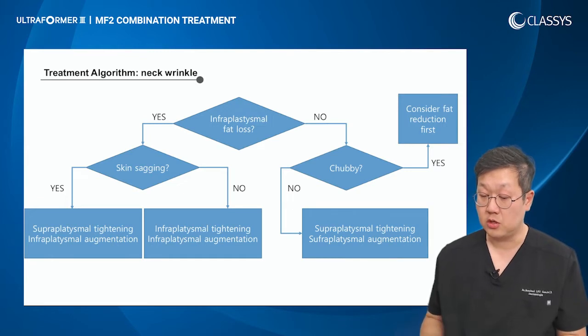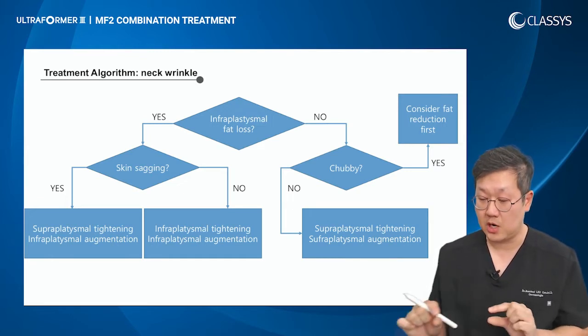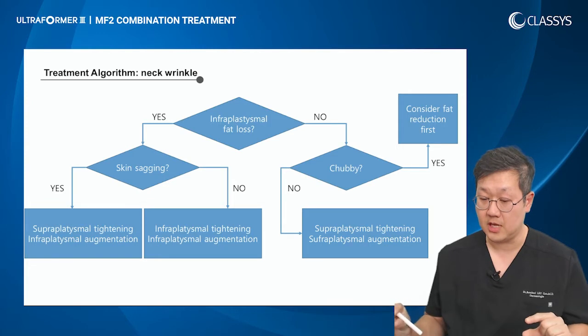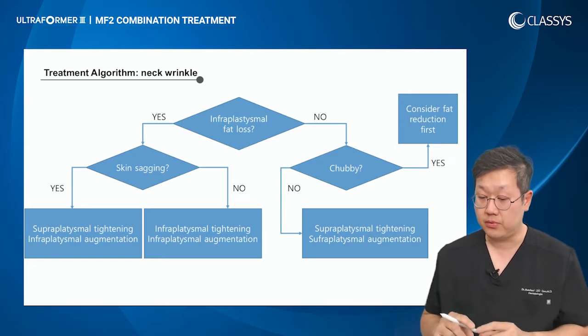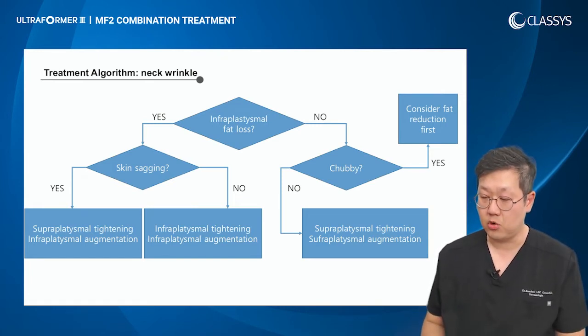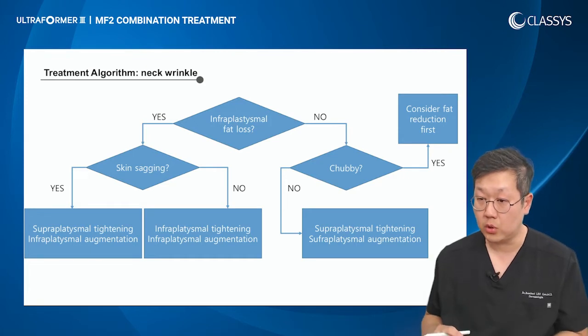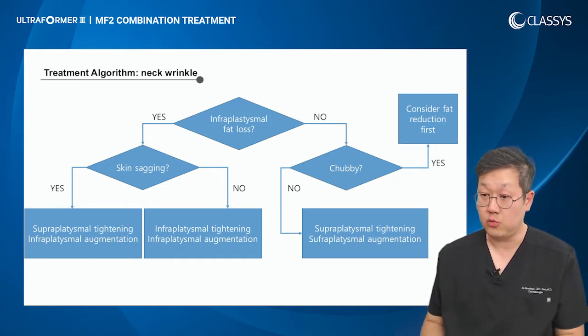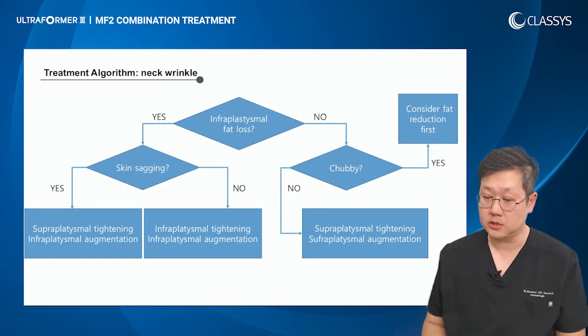So supraplatismal, shallow depth tightening is very necessary. And infraplatismal augmentation using fillers or more dispersing volume augmentation is also important. Usually we use a lot of augmenting medical devices or other materials which compensate the fat loss.